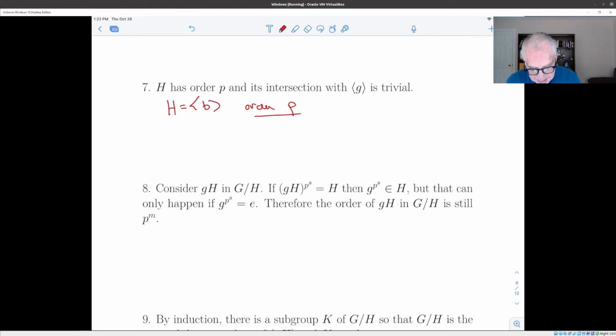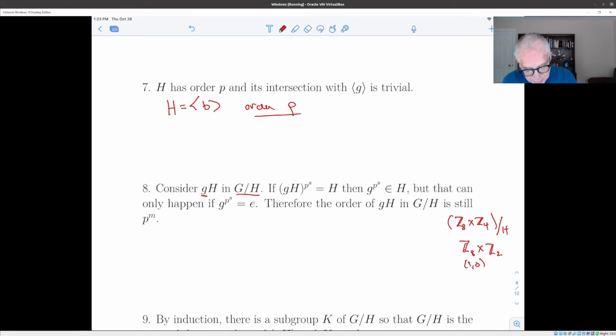So we're going to take this element G, and we're going to look at it in the factor group by this subgroup H. So if you're still using the Z8 cross Z4 example, what we're doing is we're modding out by H, and what that leaves us with is Z8 cross Z2. And our element, which was 1, 0, still has order 8 in this factor.